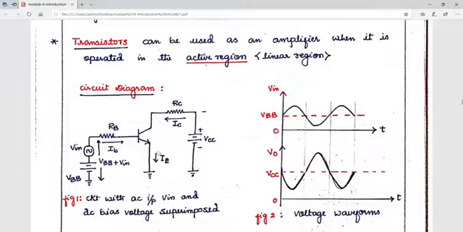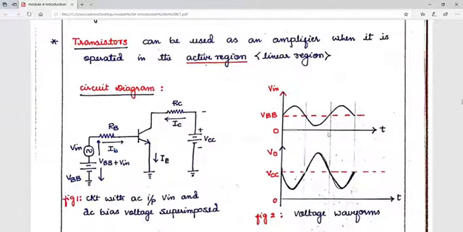So we know that IE is equivalent to IB plus IC, right? Now in the circuit you can see an AC input and the DC bias voltages which are going to get superimposed, that is this particular DC voltage, VBB, and your AC input, Vin, which will be superimposed. Clear?